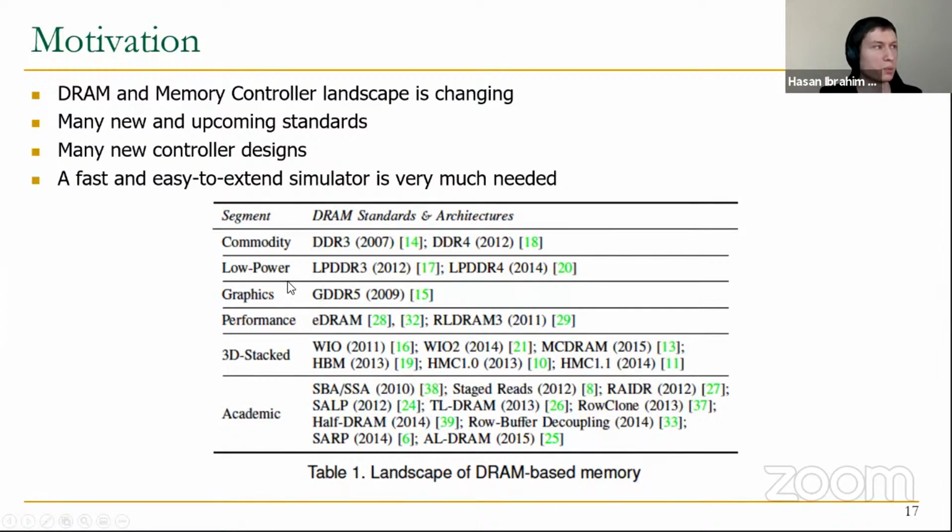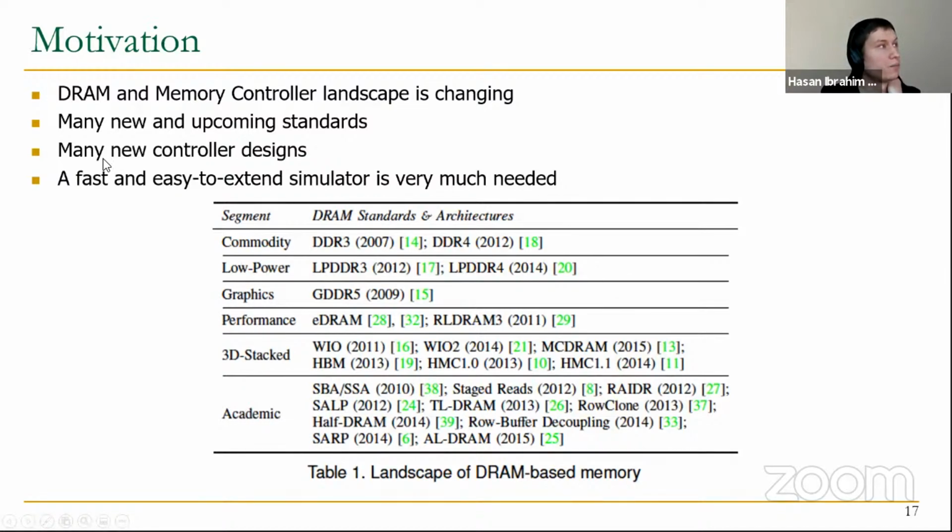For mobile systems, there is the LPDDR segment, for graphics, the GDDR segment. And there are a lot of academic proposals as well. I think I skipped another important segment here, which is the 3D stacked memories. These are also pretty relevant today. We see especially HBM2; some high-end GPUs use HBM2 memories. But there are also a lot of academic proposals.